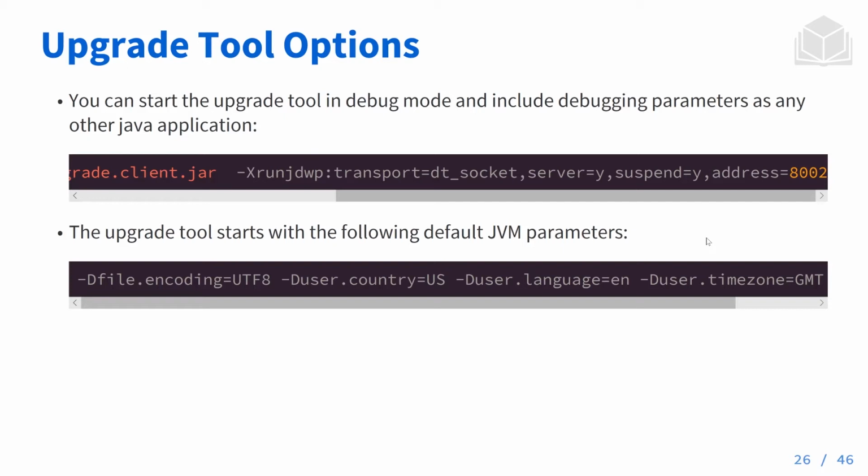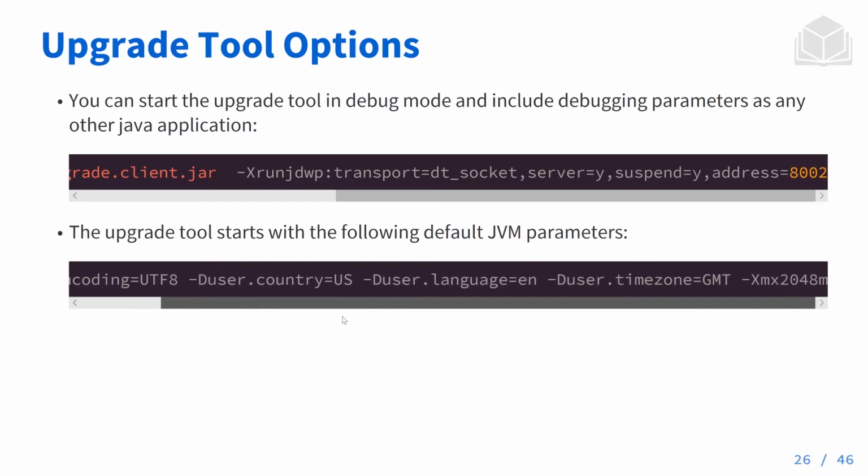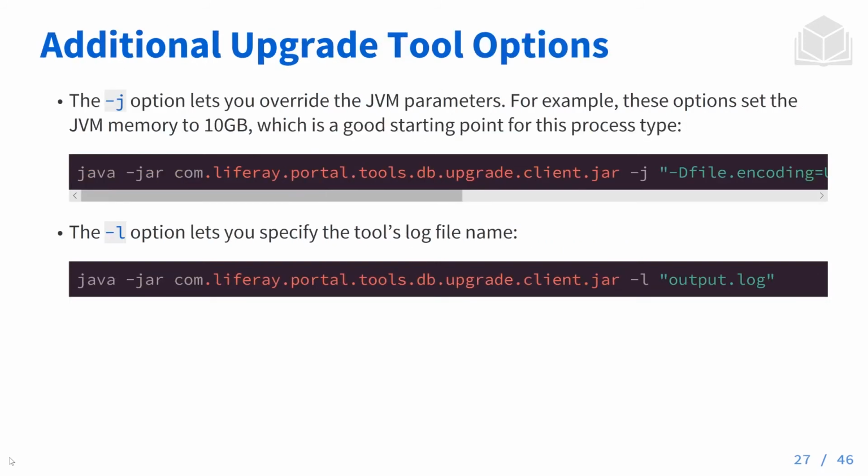Down here, the upgrade tool can also use some default JVM parameters. As you can see here, we've added things like our country, the time zone, the language that we're using, how much memory we're allocating. So a couple of different things we can do with the upgrade tool, but if you want to keep it pretty vanilla, you can just run it as is. No need to get too fancy.